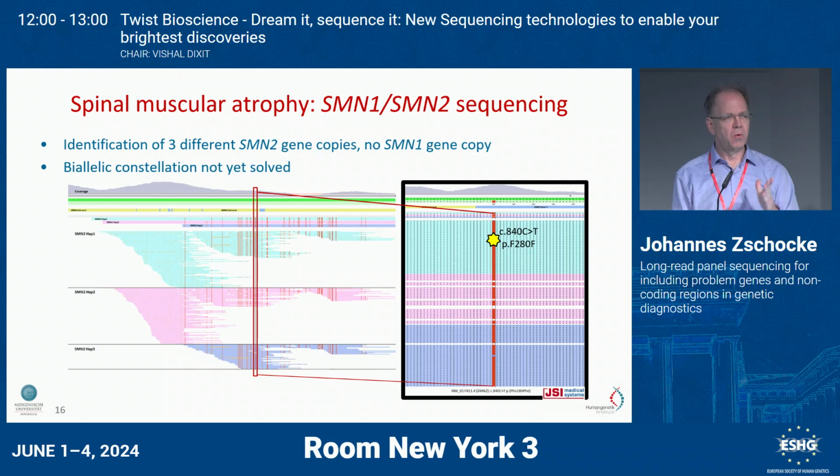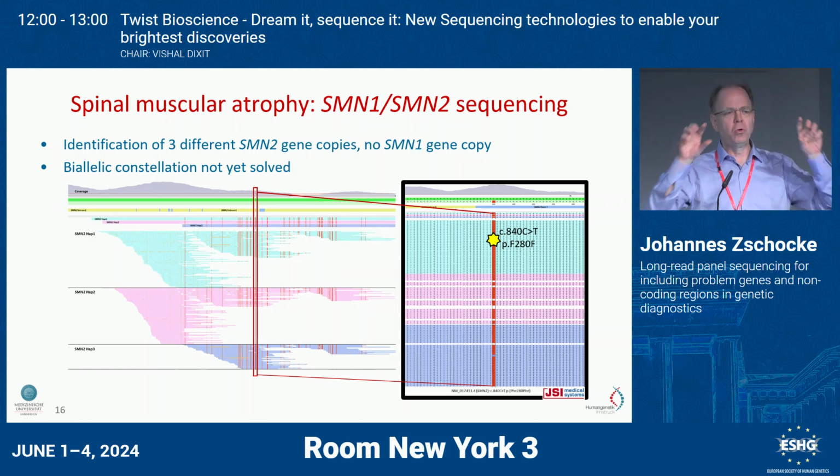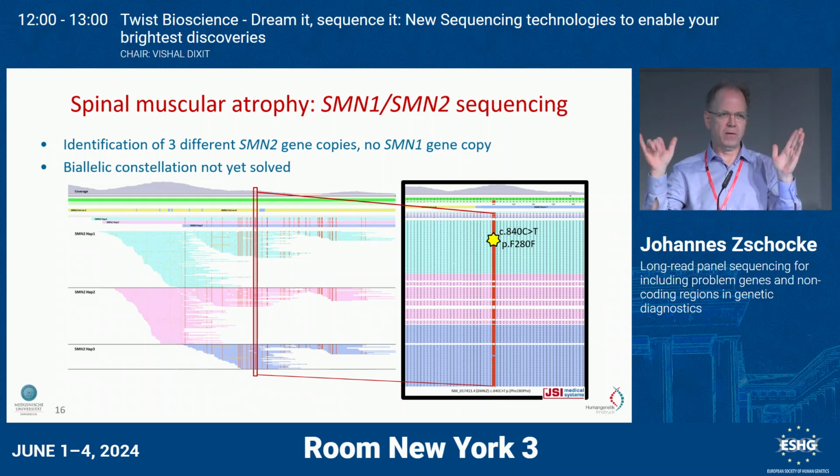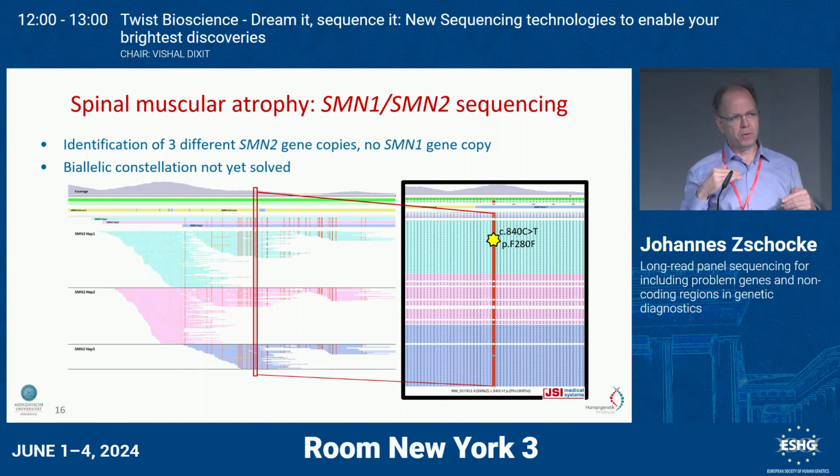Very easy, but not good enough for me, for our general practice, because I don't know the complete biallelic constellation yet. Paraphase basically hybridizes all the reads to one gene, regardless whether it's SMN1 or SMN2, and then gives you the haplotypes.